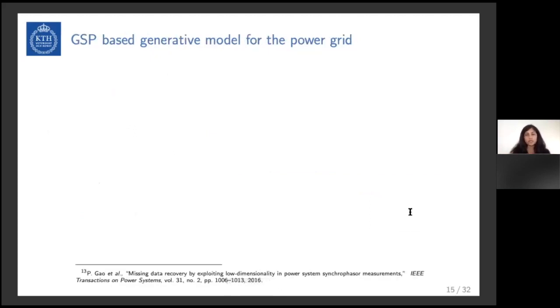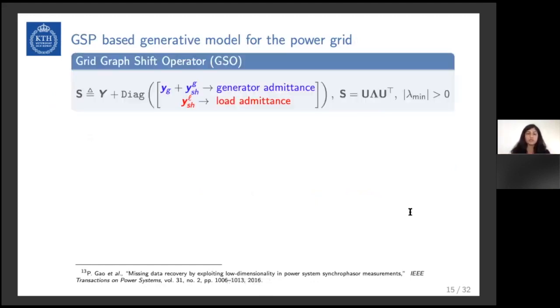So what is the GSP based generative model for the power grid that we come up with? Firstly, we consider a graph shift operator for the power grid. This is the graph Laplacian plus a diagonal perturbation, which is just the generator admittance and load admittance values. Admittance is 1 over impedance.